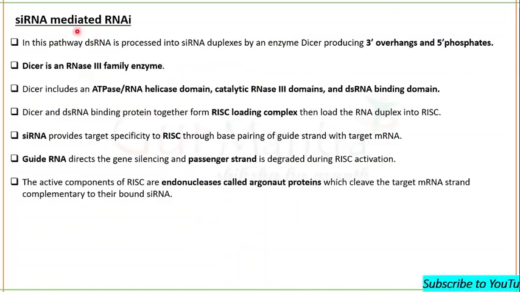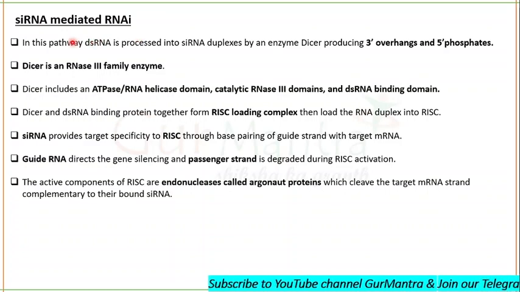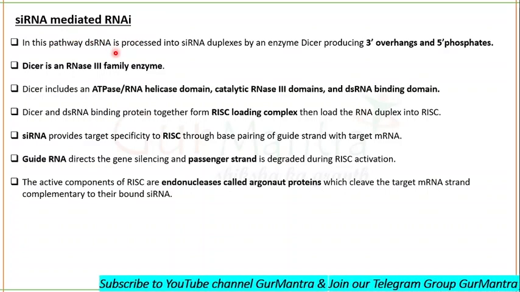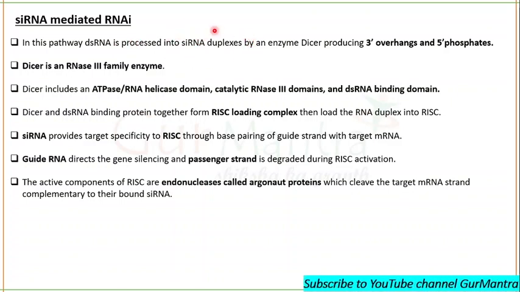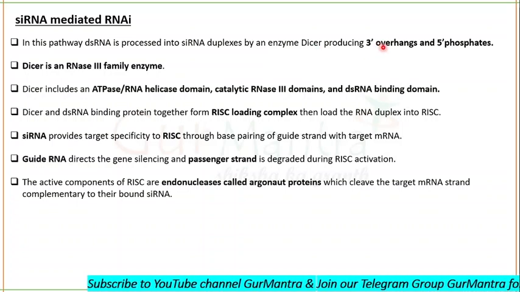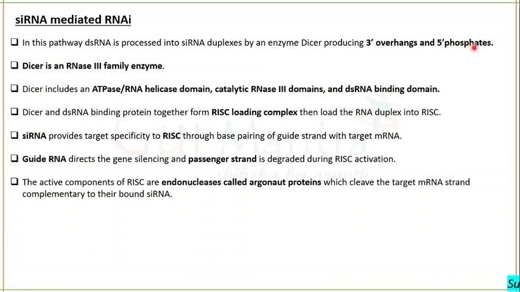What exactly happens during small interfering RNA mediated RNA interference? In this pathway, double-stranded RNA is processed into small interfering RNA duplexes. Okay, we know that by an enzyme Dicer, definitely. 3' overhangs and 5' phosphates are formed. Clear?